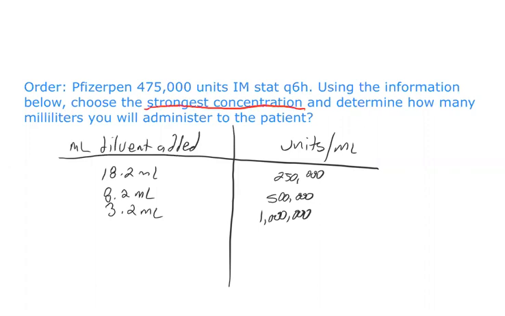So when you look at these, as I've already taught you before, we can just ignore that column because all that does is tell the pharmacy how much water to add to get to the concentrations listed here. This would be the weakest. This would be the medium strength. This is the strongest concentration. 1 million is more units per milliliter than 500,000, than 250,000, okay? So because of that, we know that that's the one we're going to use.